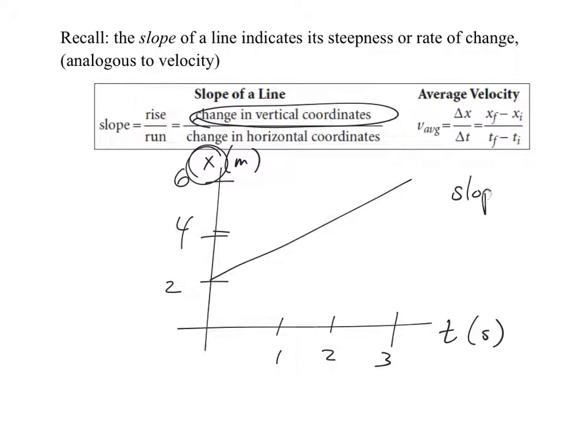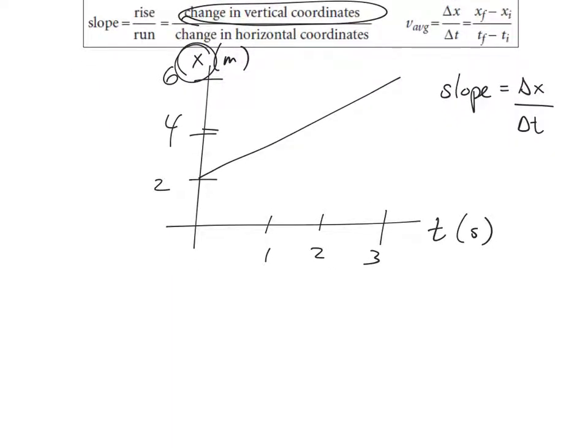So I could say the slope is the change in the displacement over the change in time. It's how far up you go in displacement and how long it takes you in time. Well, that's what average velocity is. We just wrote that on the previous slide, that average velocity is the change in displacement over time.